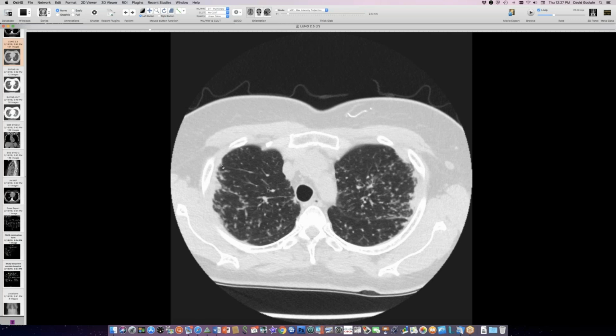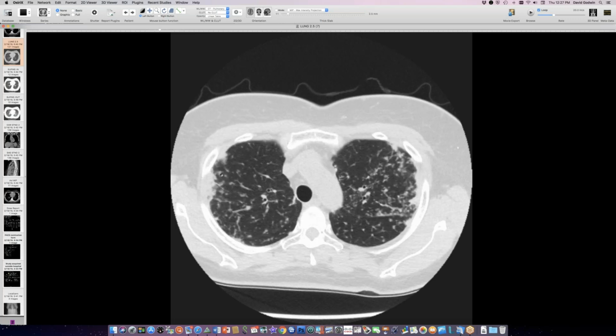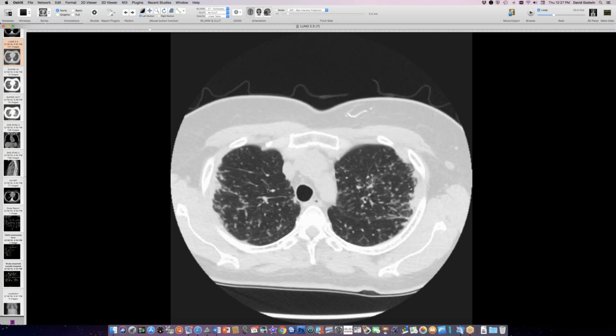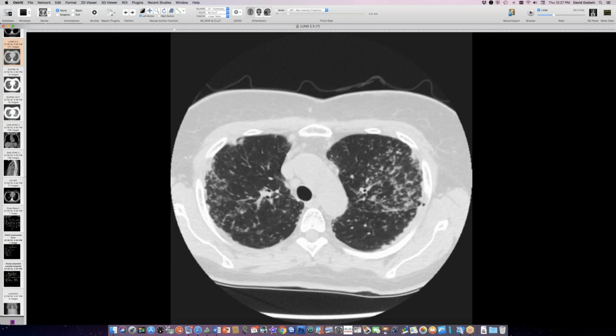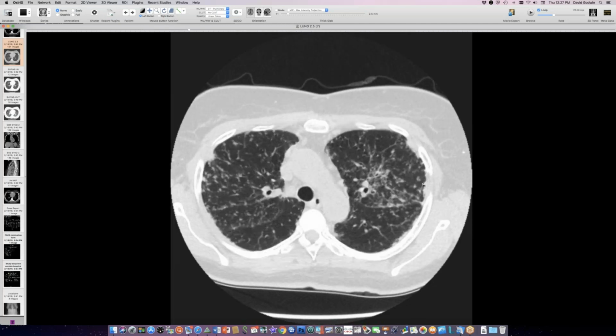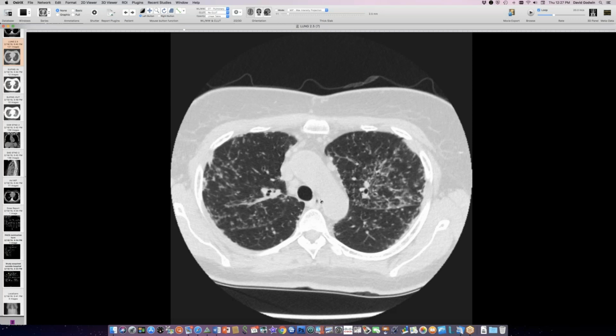Pseudoplaque looks like plaque because it's got a fairly sharp internal margin. This is shaggier looking, but I think it's in that spectrum of subpleural concentration that can give you pseudoplaque. So this is one of the dramatic peripheral manifestations and concentrations of sarcoid compared to others that I've seen.